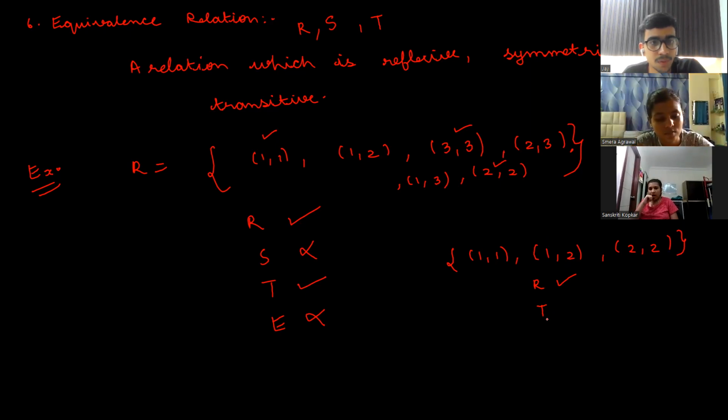Why do we need 2, 1? Sorry, sir, why do we need 2, 1? For symmetric, A, B is related in R. I'm talking about transitive, sir. Achha, symmetric it's not there, okay. Transitive, it's transitive. So the thing is that whatever elements there are, if they satisfy that condition then they are transitive. If they are not satisfying it, they are not transitive.